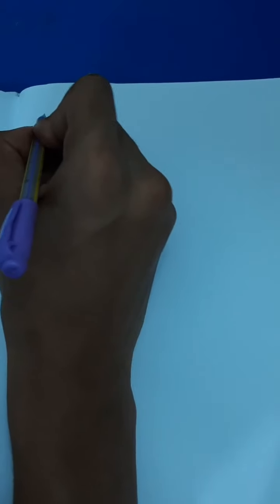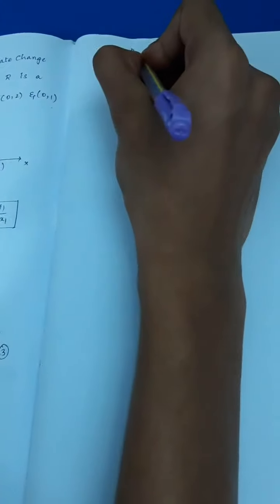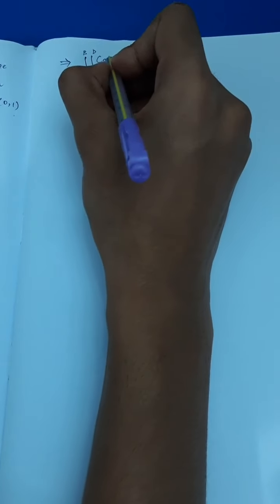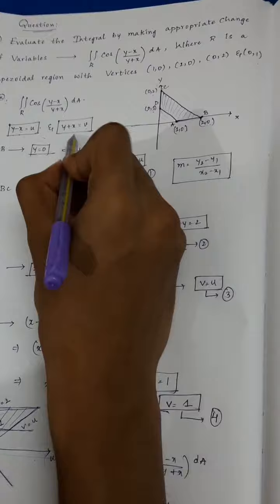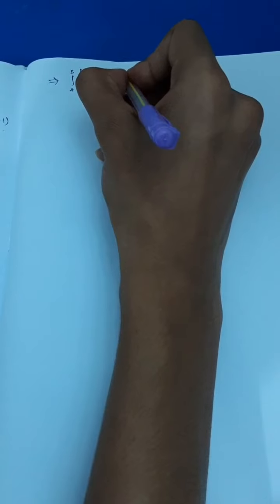Similarly, here by changing variables, we get the double integral of, we don't know the limits first of all, so let us name them a, b, c, d, times the cos of (y minus x), which we said would be u, by (y plus x), which would be v, into dA.